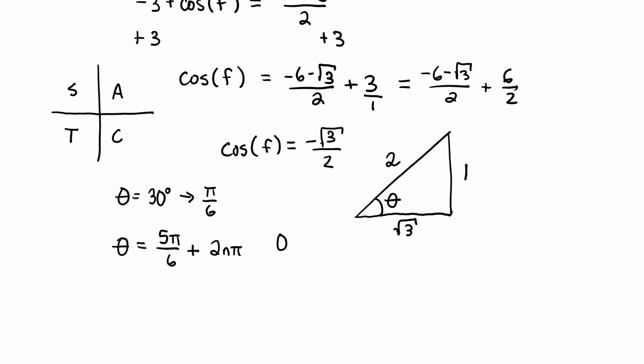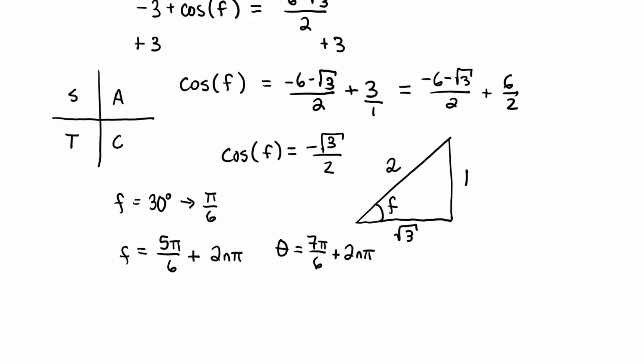So our other angle measure that gives us the same value will be 7 pi over 6 plus 2n pi. Now I made a little bit of a mistake here in my notation. What we actually solved for was not theta, but we actually solved for f. Okay?